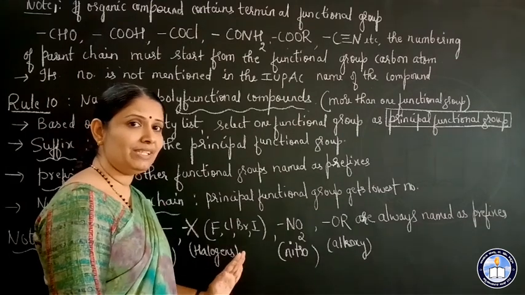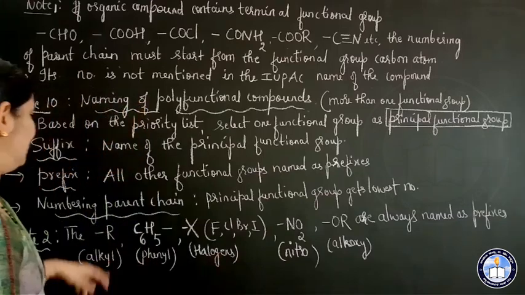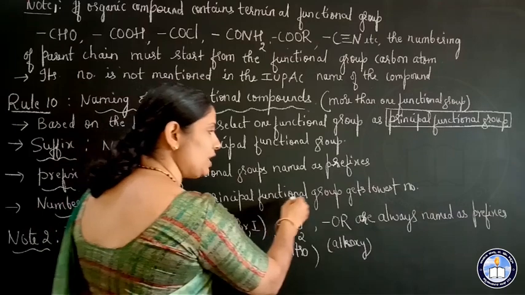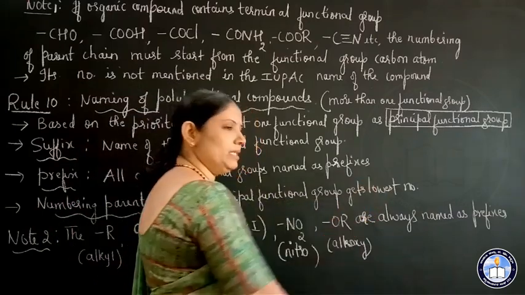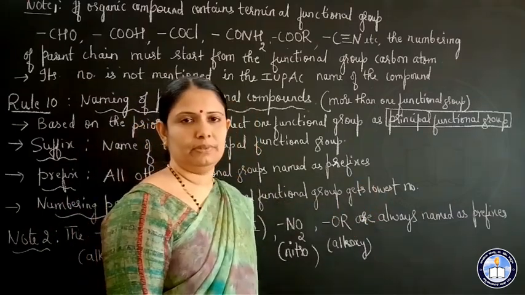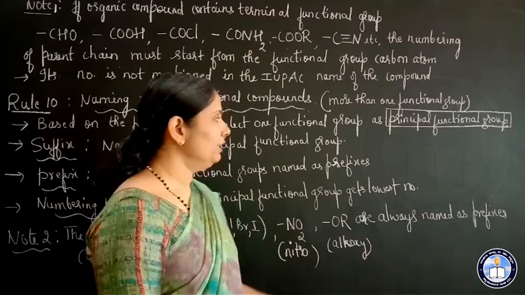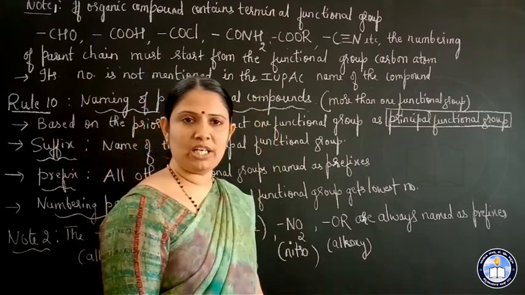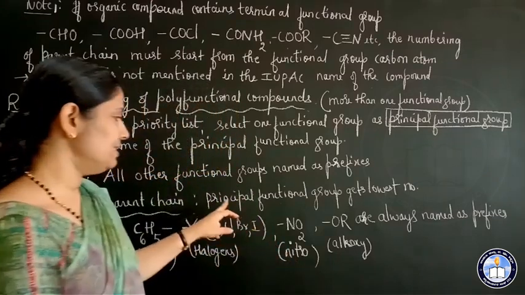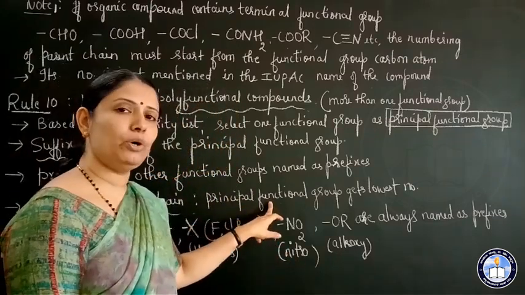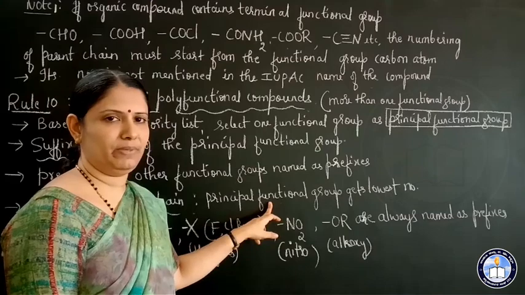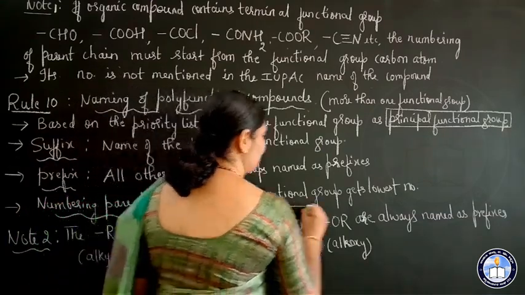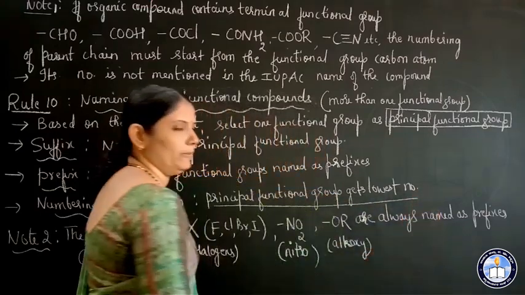It will be named as a prefix. Numbering the parent chain: how do you number the parent chain in such compounds, that is polyfunctional compounds? The principal functional group should get the lowest number. Right? The principal functional group should get the lowest number.